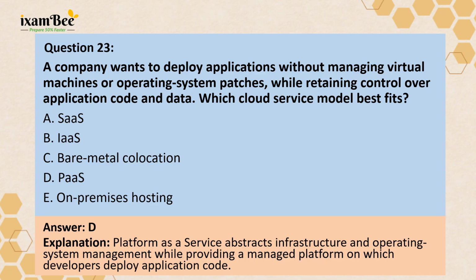What sits right in between is platform as a service. The cloud provider manages the underlying infrastructure and operating system while the company retains full control over its own application code and data, simply deploying onto the managed platform. That's exactly the balance the question describes. And so the answer is D, which is platform as a service.